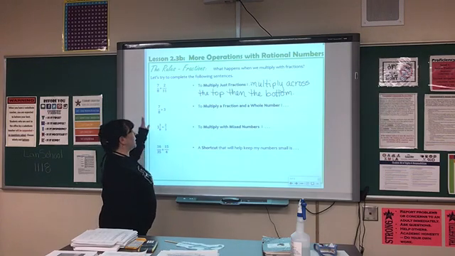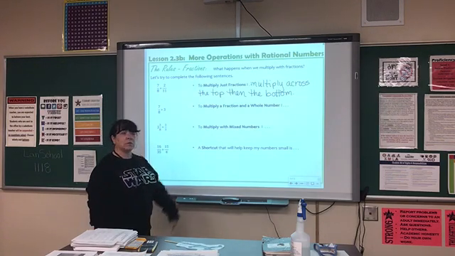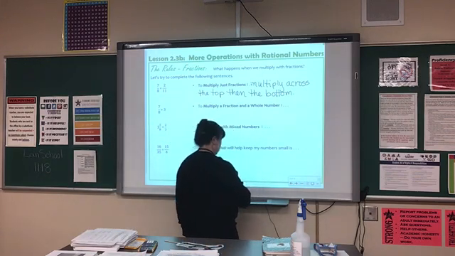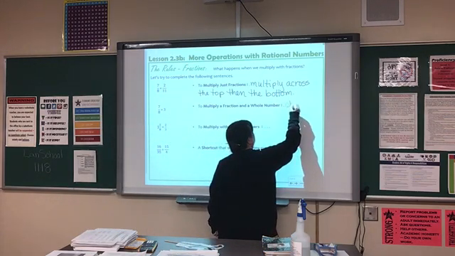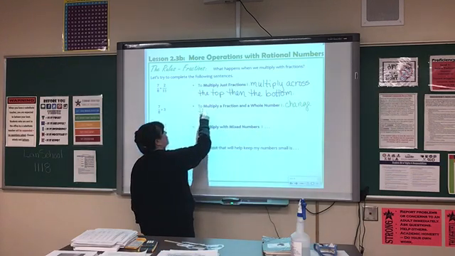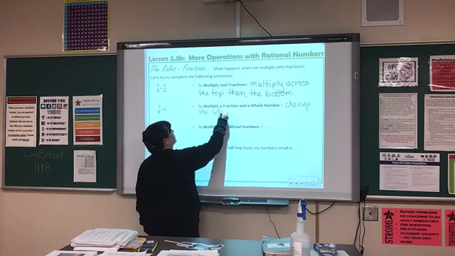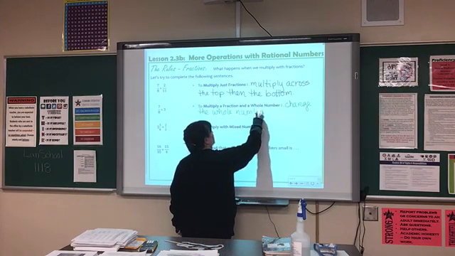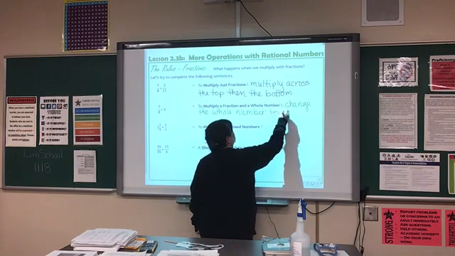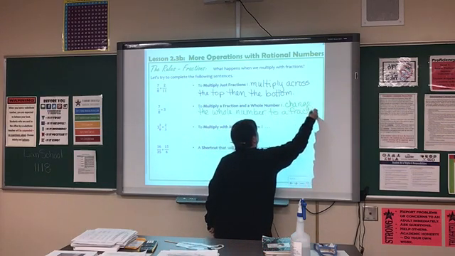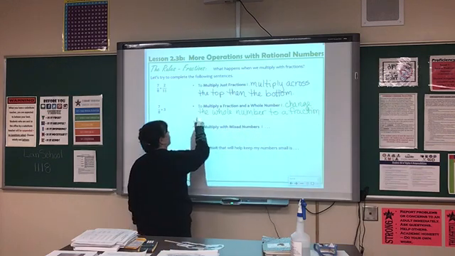If I'm multiplying a fraction and a whole number, I change the whole number to a fraction. Okay, I make it rational.